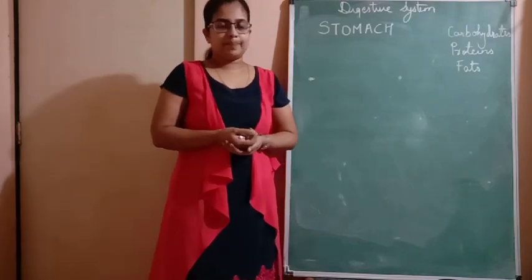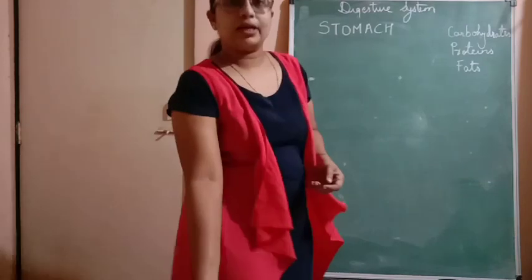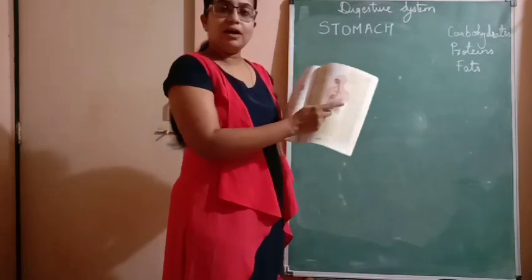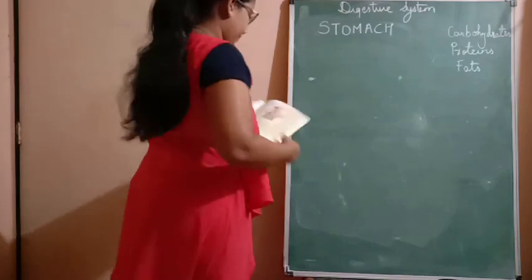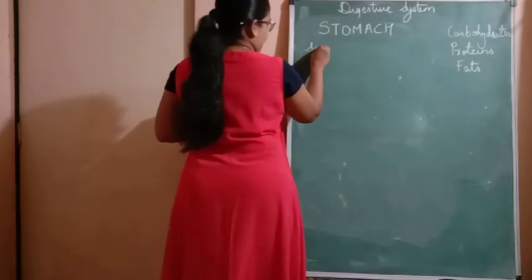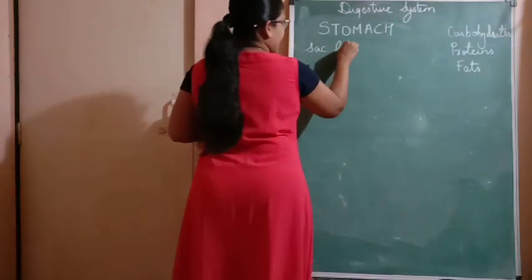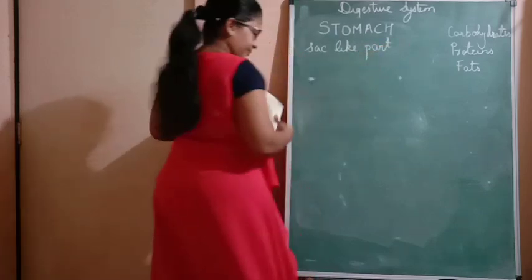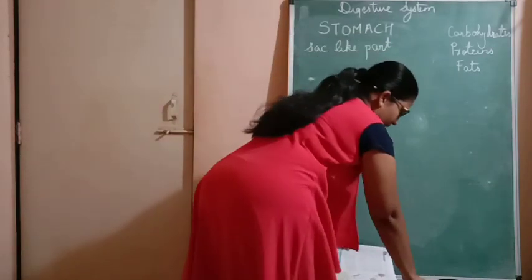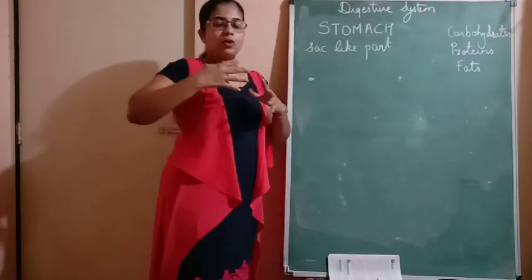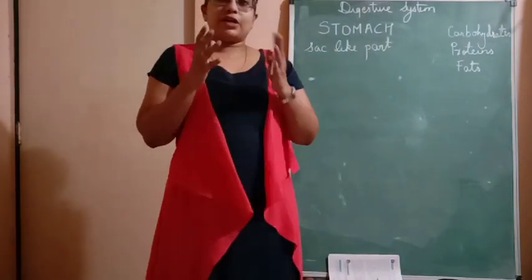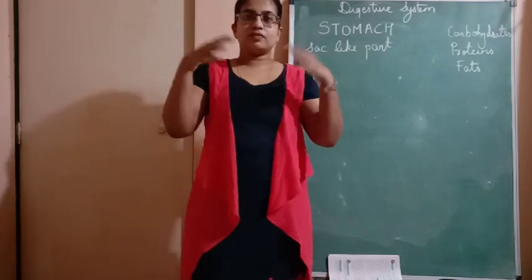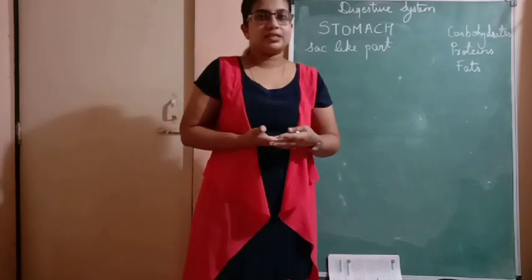The next organ is the stomach. If you look at it in the picture given on page 5, it is a sac-like structure. It looks like a sac. The function of the stomach is to churn the food because of the digestive juices which are present there.